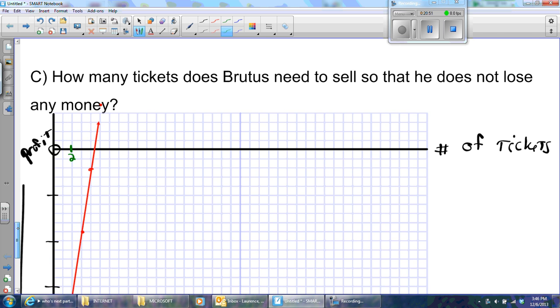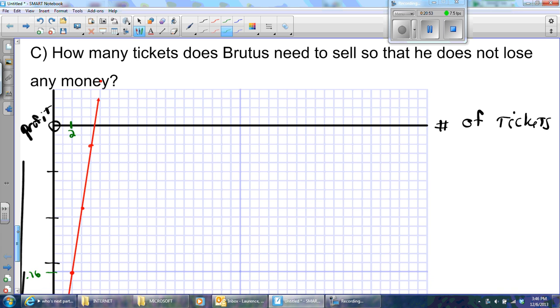Okay, so what does the question say? How many tickets does Brutus need to sell so that he does not lose any money? Well, let's see here. 2, 3, 4. That's 4. And that's 5. It looks like the graph crosses right here. Now, it's not possible to sell 4.5 tickets or 4 1/3 or whatever that number is. I could put in 0 for y and solve, but check it out.